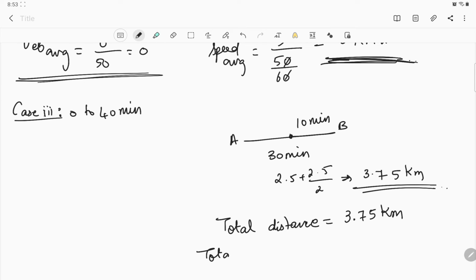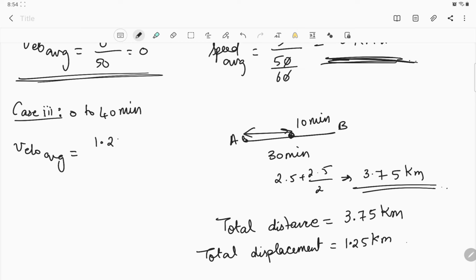And what is the total displacement? So from A to this point, this length is equal to 1.25 kilometer. So your average speed and average velocity will be, average velocity is equal to total displacement by total time. So total displacement is 1.25 divided by total time, which is 40 minutes.